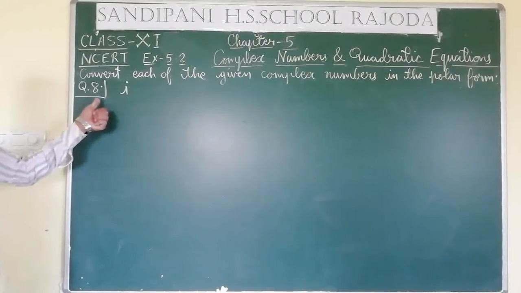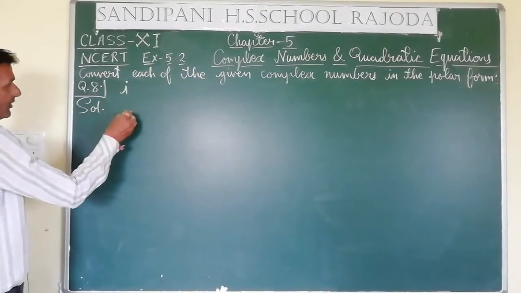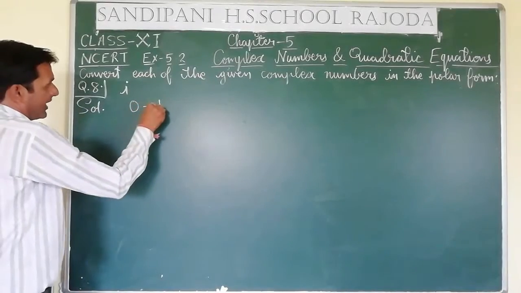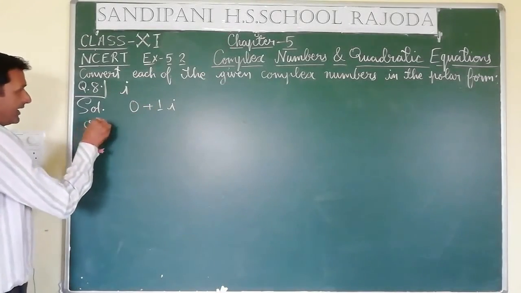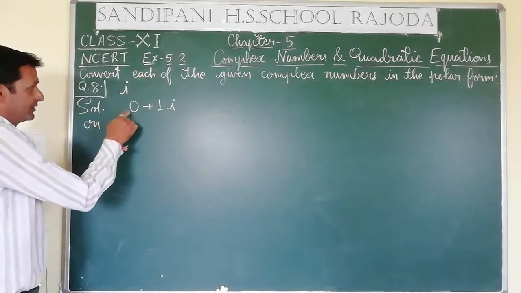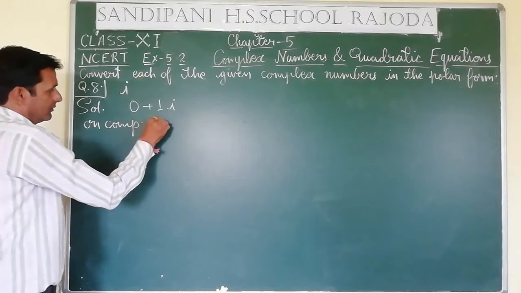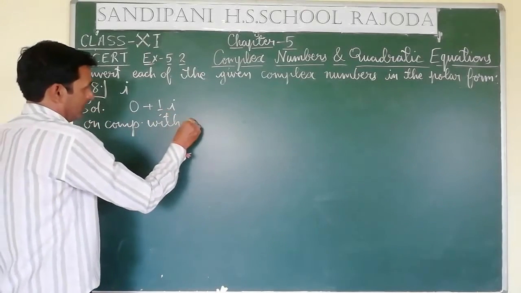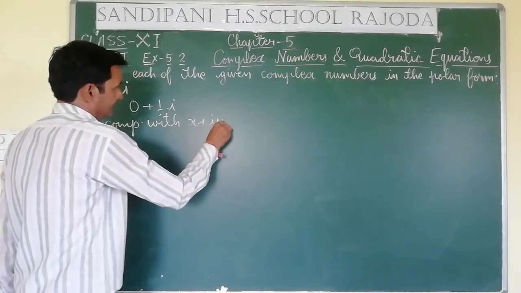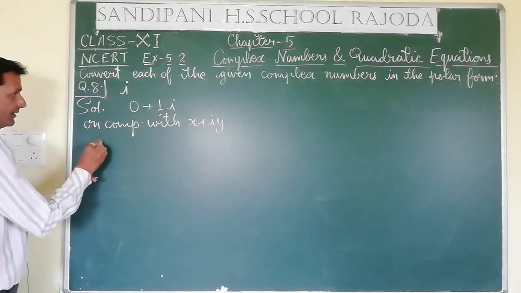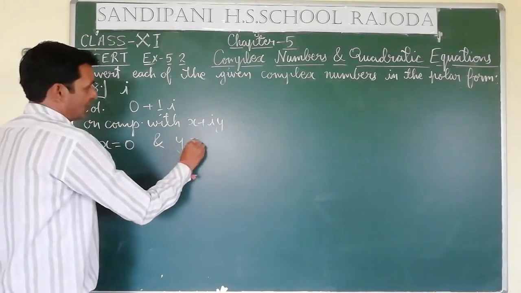Now see, question 8, it is i only. So in solution we have to write it first of all 0 plus 1i. i means 1i, and here it is 0, real number, 0 plus 1i. On comparing with x plus iy, x is equal to 0 and y is equal to 1.